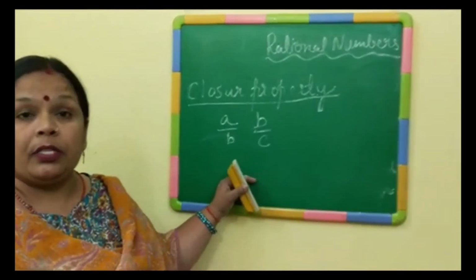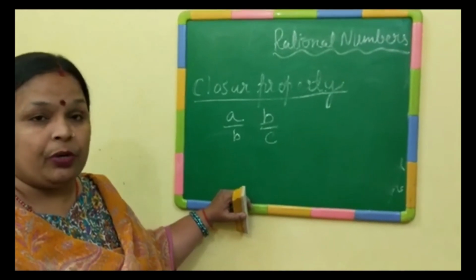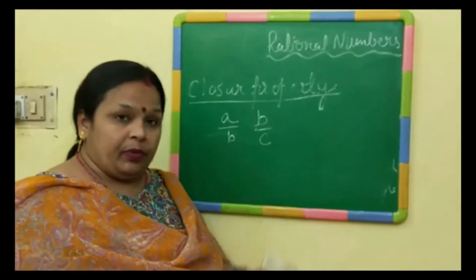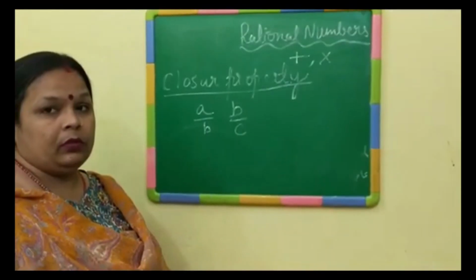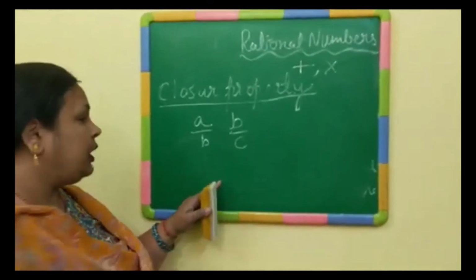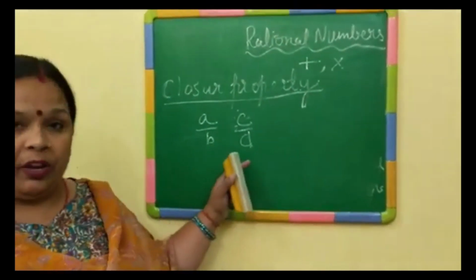Here we will be discussing simultaneously the properties for addition and multiplication, because addition is the basic one and multiplication is nothing but repeated addition. Clear? Now A by B and C by D are two rational numbers.